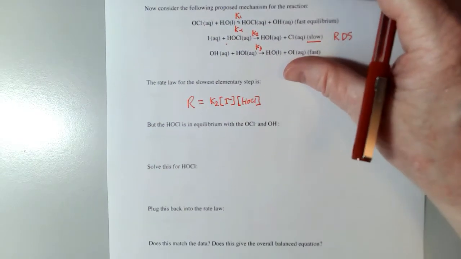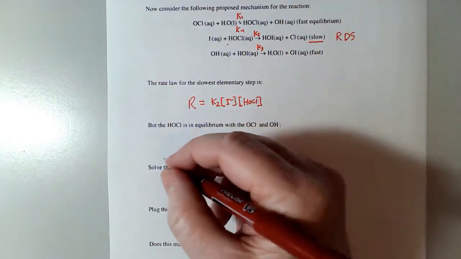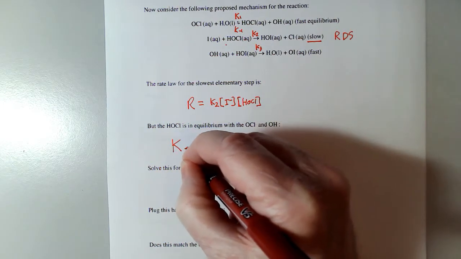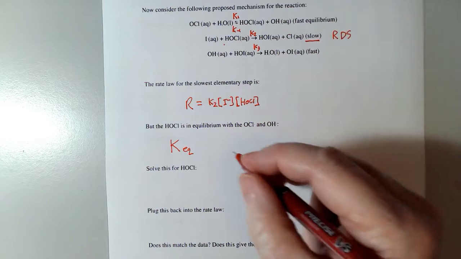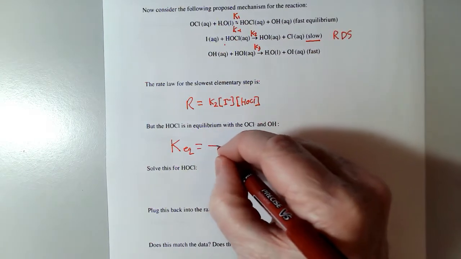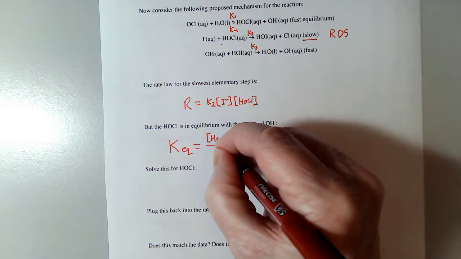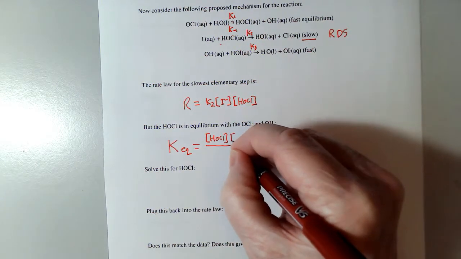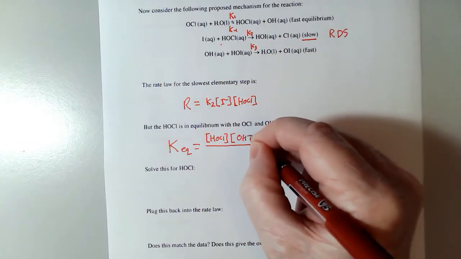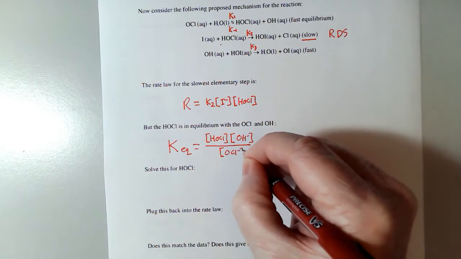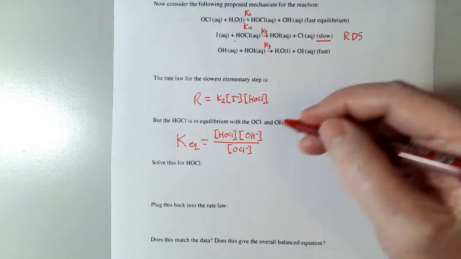Okay? Well, since it's an equilibrium, I can write an equilibrium constant. Capital K EQ, remember these are all lowercase, capital K EQ for that equilibrium equals the concentration of HOCl times the concentration of OH minus divided by the concentration of OCl minus.